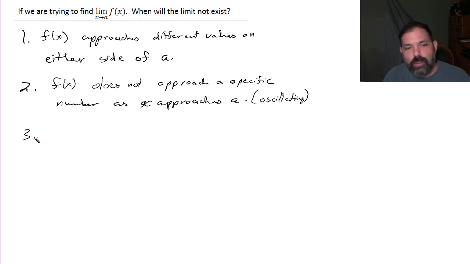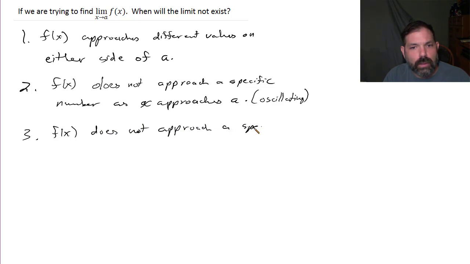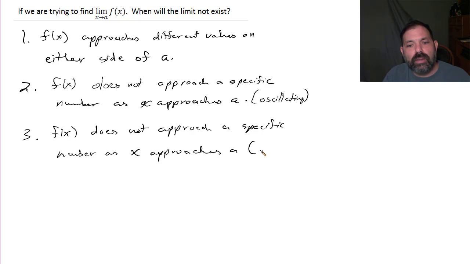The third case was similar. The function did not approach a specific number as x approaches a. But this is more of an infinite situation. The output grows without bound.